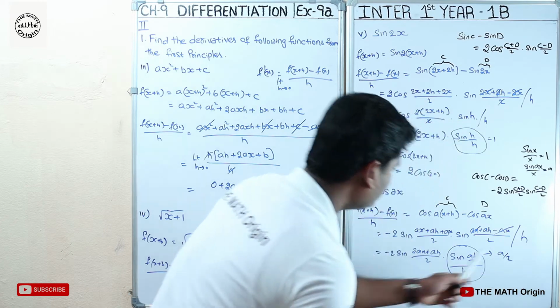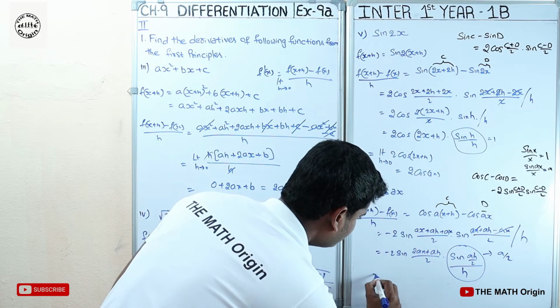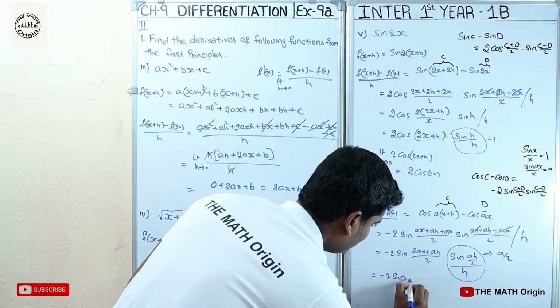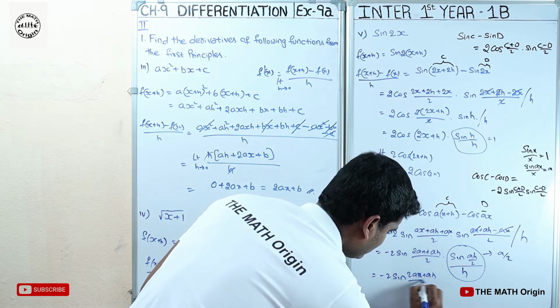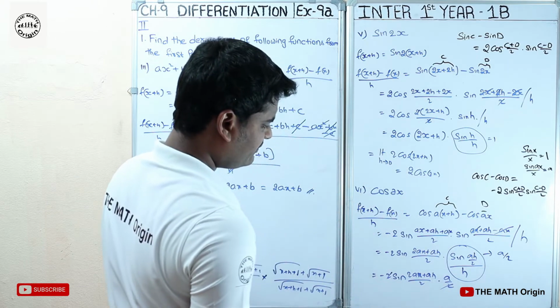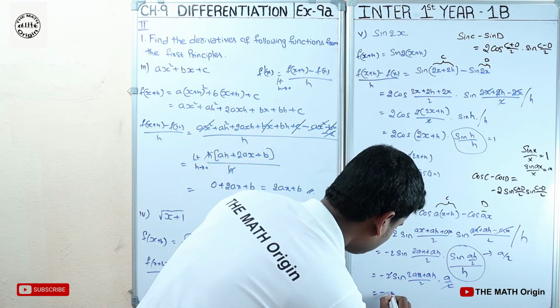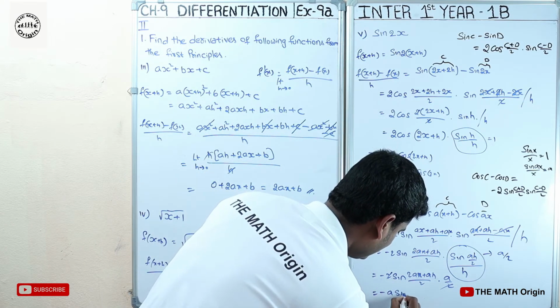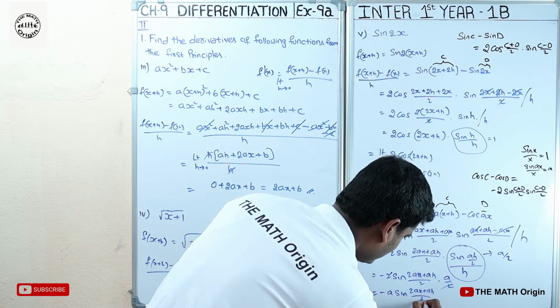So now we have the simplified value minus 2 sin (2ax plus ah) by 2 into a by 2. 2 is cancelled. Now we have minus a sin (2ax plus ah) by 2.